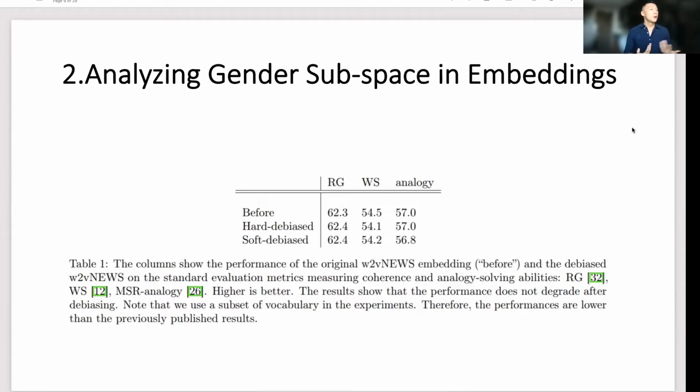It turns out that we could successfully run the de-biasing algorithm and make no significant changes one way or the other onto the benchmark data set that we use to assess the performance or the accuracy of the word embedding. So that's good news, and that's the kind of algorithm that we want.